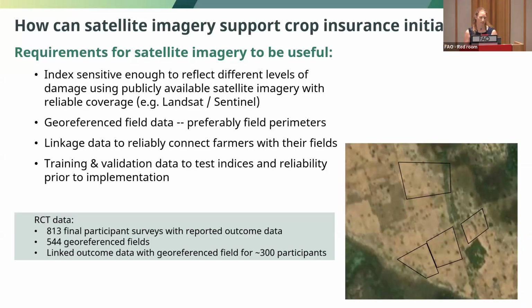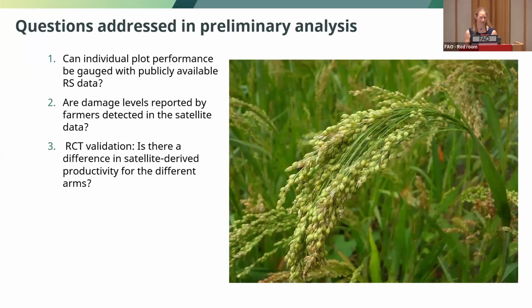There are also 544 georeferenced fields. And so far, we've been able to link 300 of those fields to the participants. We're still working on sorting that out, but that gives us a good amount to do a preliminary analysis with.